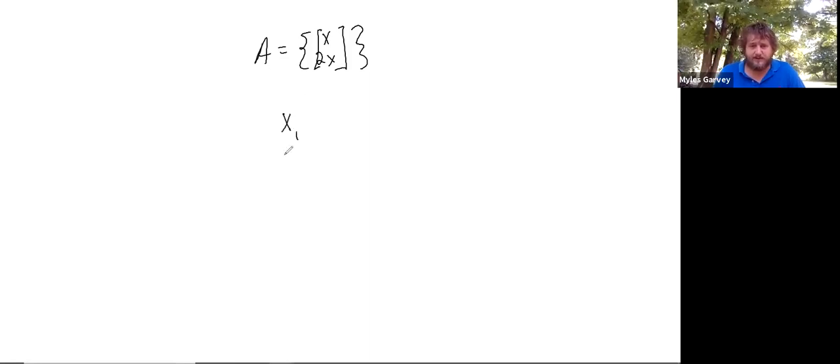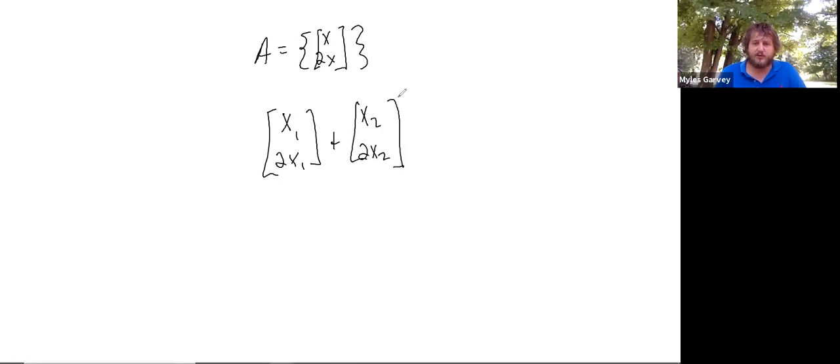We have vector x1, where we have x1 and 2x1, and we have another vector, x2 and 2x2. So I've taken both of these vectors, x1 and x2. Don't confuse these for positions. They're vectors, okay? x1 and x2 from the set A. So this is in A and this is in A. We know that's true because of how we defined the set A.